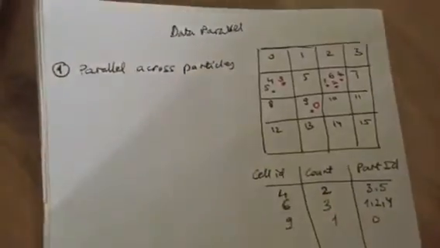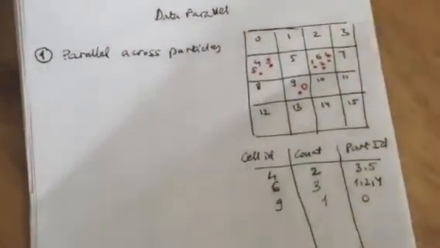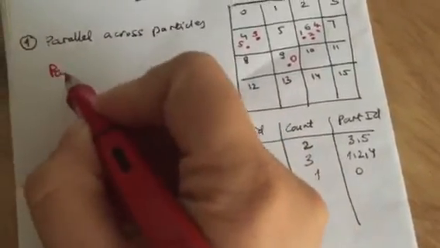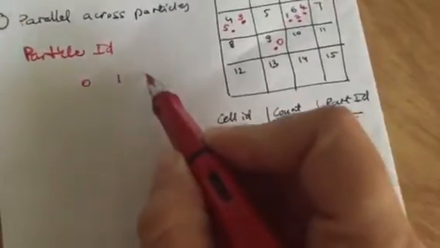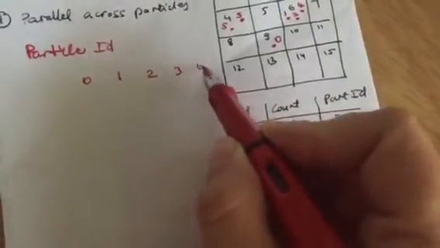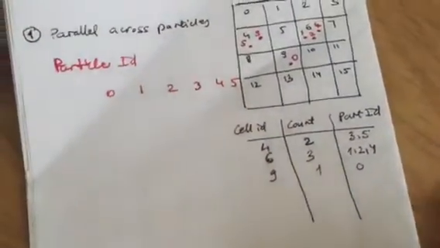What I'm going to do with red here is look at all the particle IDs. I have 6 particles: 0, 1, 2, 3, 4, and 5.